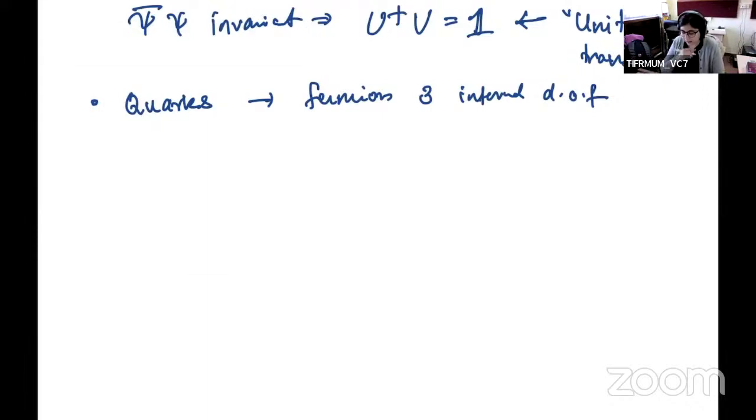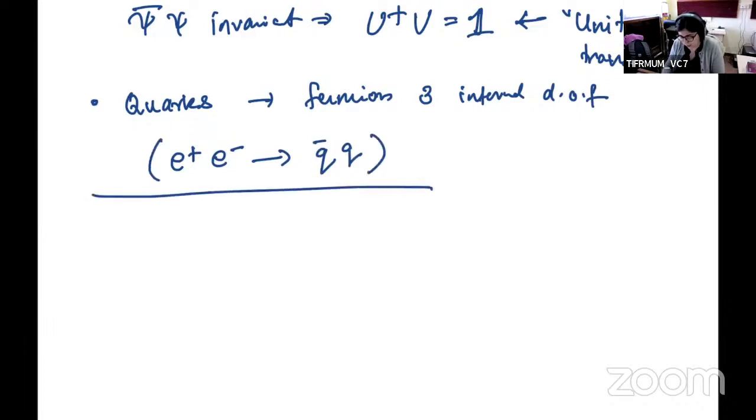Okay, and the way you count this number 3 is you build a collider out of e plus e minus and let it go into quarks. You count how many of this kind you have, and you take the ratio of e plus e minus going to some other known particle, which in this case is the muon. Okay. So you take the ratio of this.